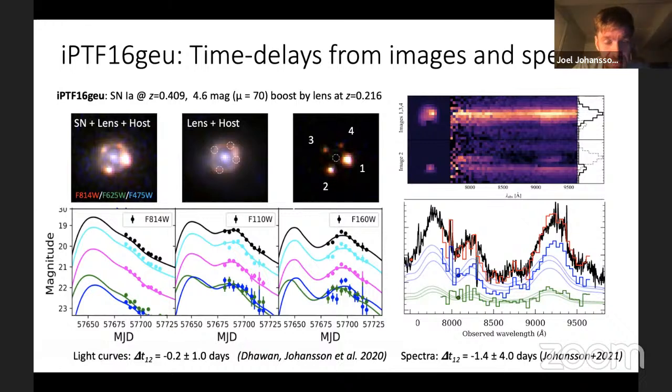We can actually do spectral dating of type Ia supernovae to a day precision. So in principle, if you can resolve the images and get a spectrum early on, you could get the time delay from one single measurement.